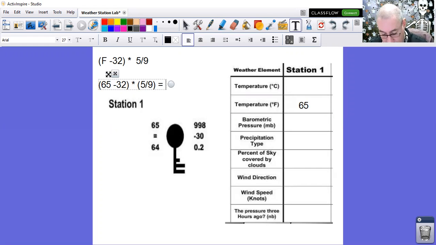So 65 minus 32 times 5 ninths. 18.33 degrees.